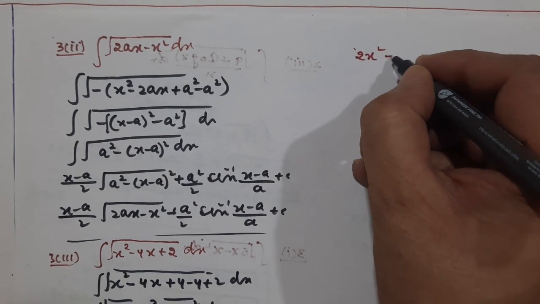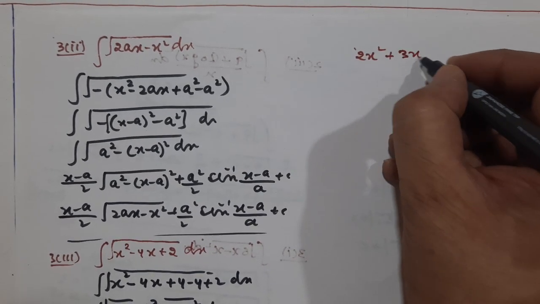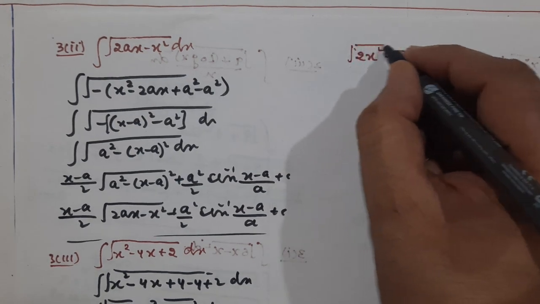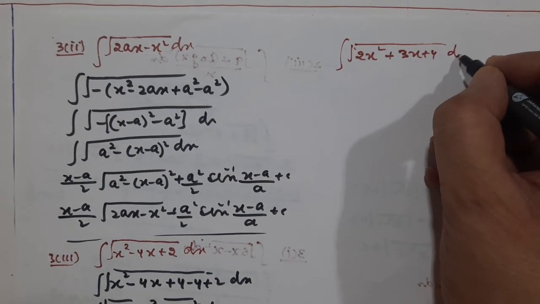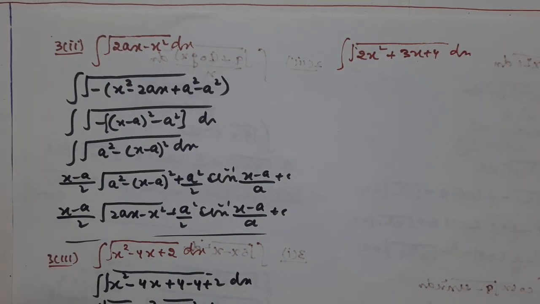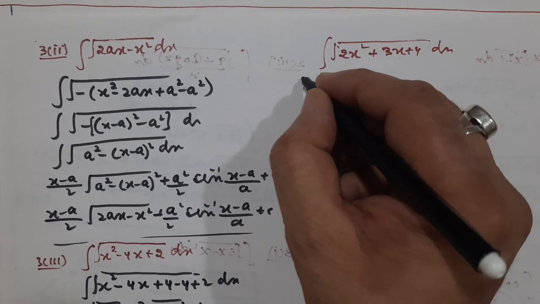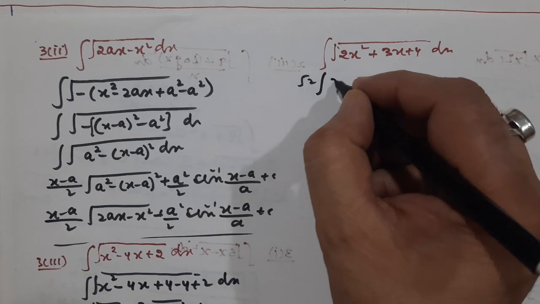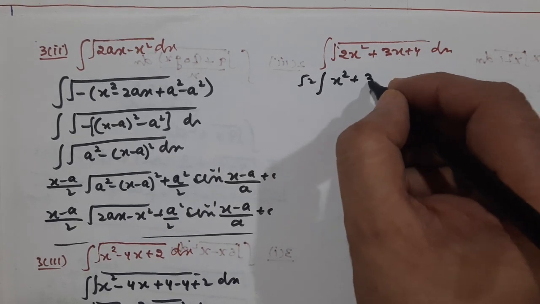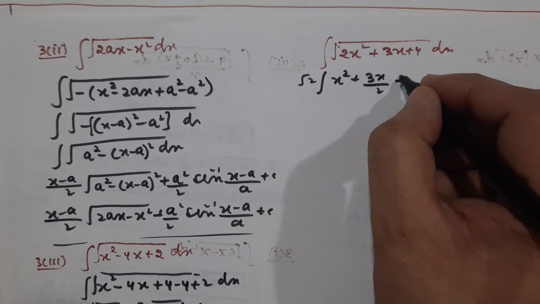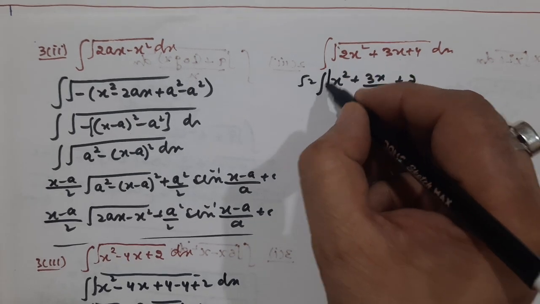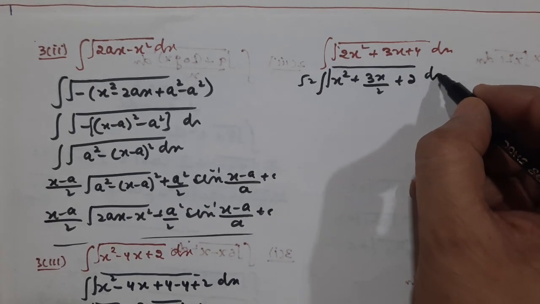Now the next question is integral of under root 2x square plus 3x plus 4. Now students, in this question we can see the coefficient of x square is not 1. So first of all we make it 1 by taking 2 common. So we write it like this: root 2 outside, x square plus 3x upon 2 plus 2 under the root, dx.